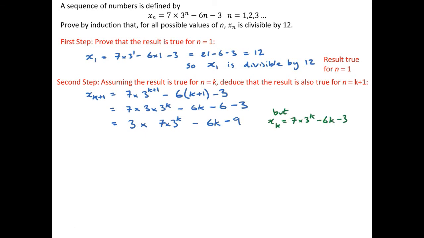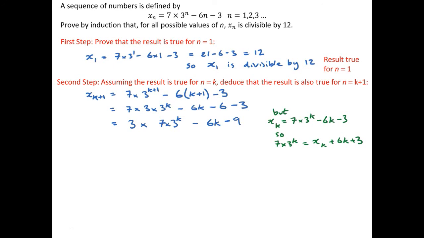We know that xk is 7 times 3 to the k, take away 6k, take away 3. So a little bit of rearrangement of that tells me that 7 times 3 to the k is xk plus 6k plus 3.